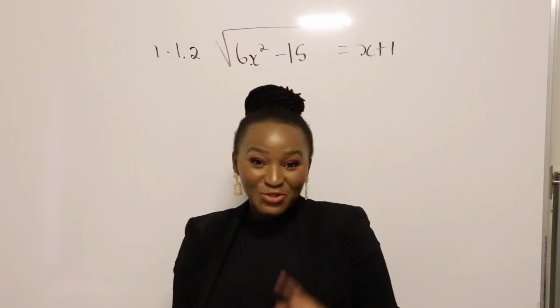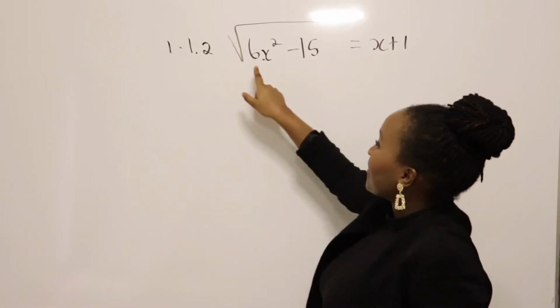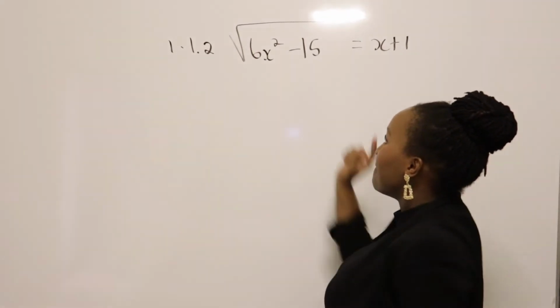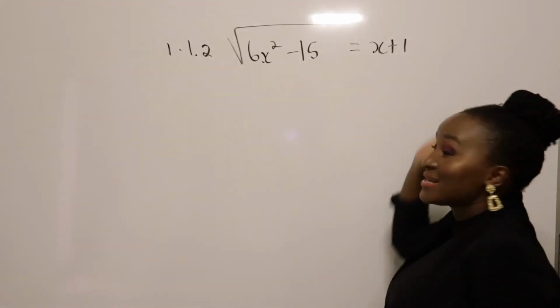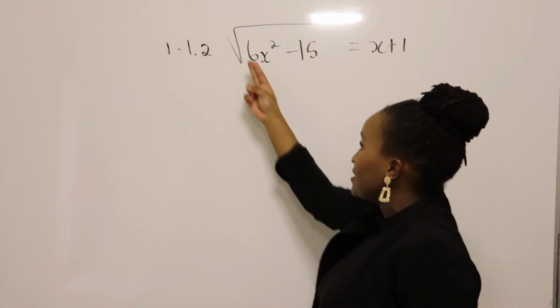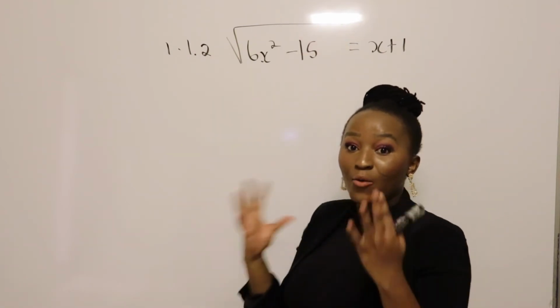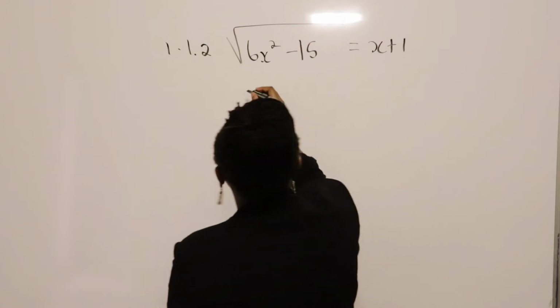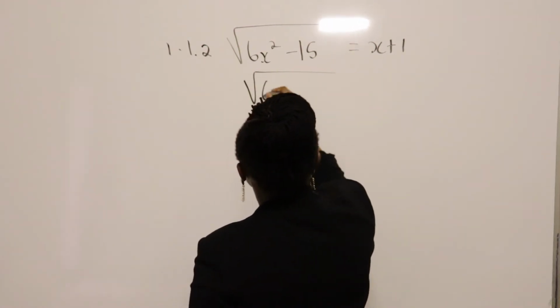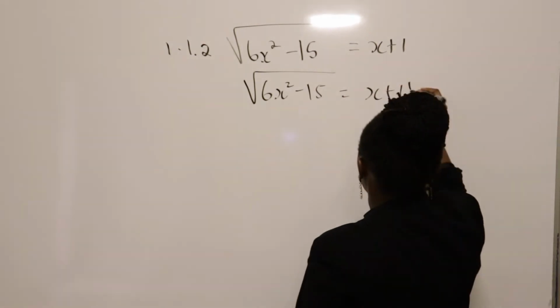The second question that you will be given is find x when you are given the square root of 6x squared minus 15 is equal to x plus 1. When you have this question, the first thing is we want to remove the square root by squaring both sides. So I will repeat the question and write the square root of 6x squared minus 15 is equal to x plus 1.